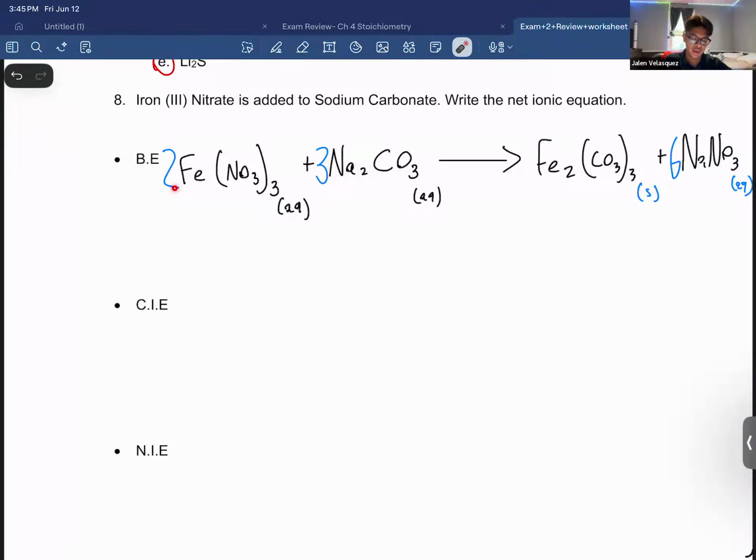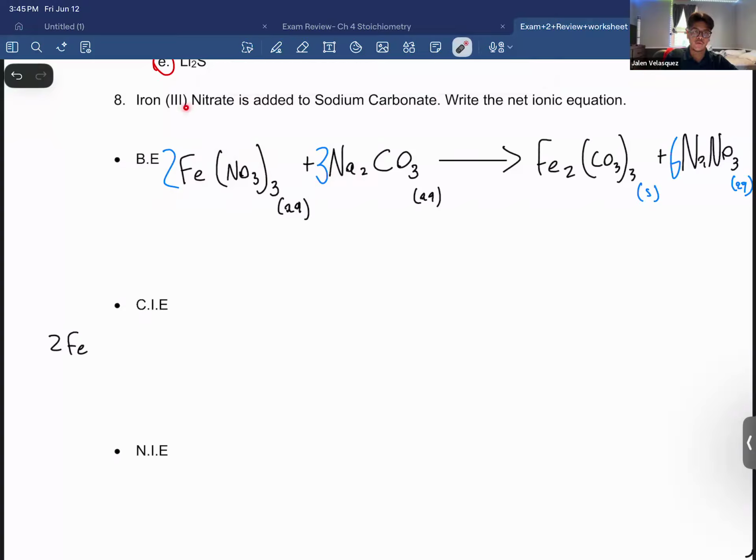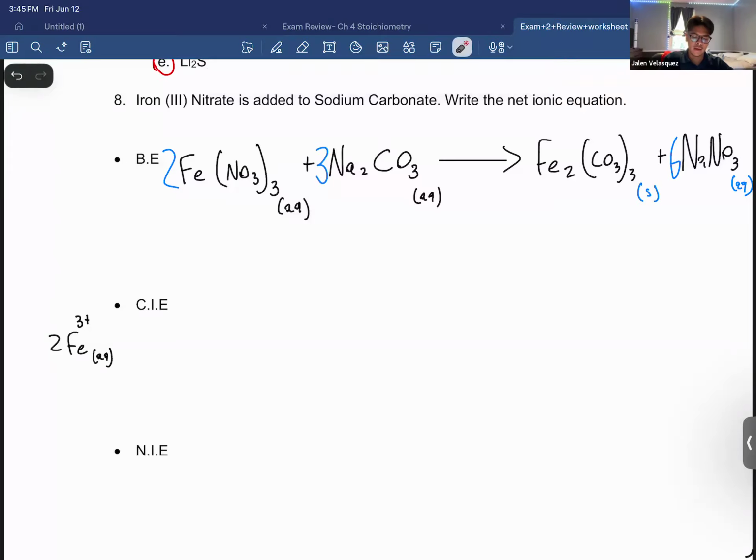Okay. So we're starting here with the iron nitrate. We're going to have two irons. And remembering the problem said it was iron 3, right? So we know iron has a 3 plus charge. Then we move over to the nitrate. This is why I was saying to pay attention to both the subscripts and the coefficients.